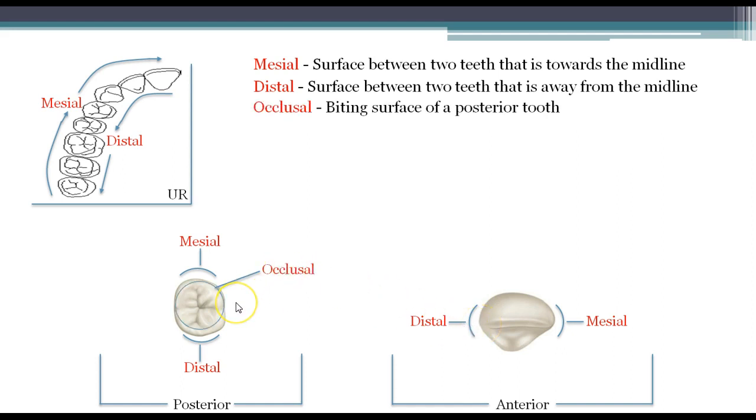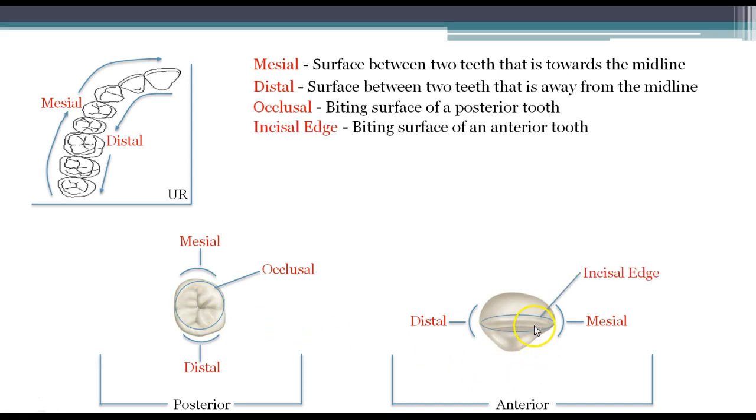Now, the bite-in surface of your posterior teeth, which are the teeth in the back, those are called occlusal surfaces. Now, those are going to be these right here. This is where you bite into things, you chew your food. It tends to have a lot of grooves on it, just so that you can chew much better. That's called occlusal.